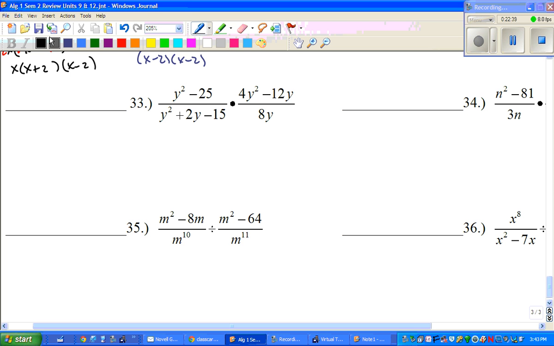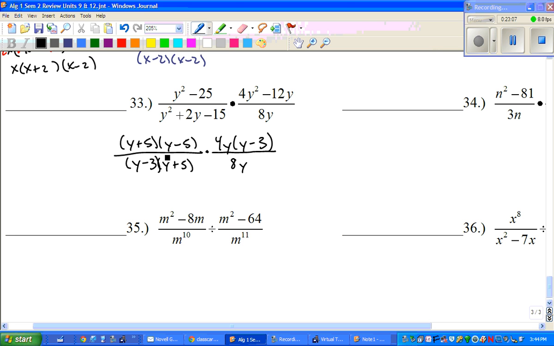Now I'm going to come back here and just kind of write where everything goes. Y plus 5, y minus 5. And then we did y minus 3, y plus 5. 8y's on the bottom. And we got 4y, y minus 3.